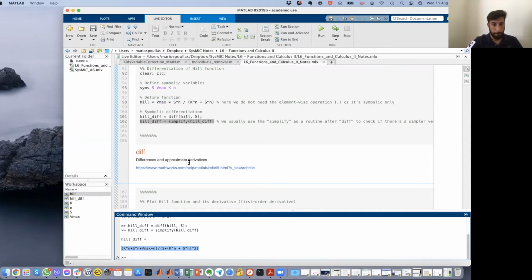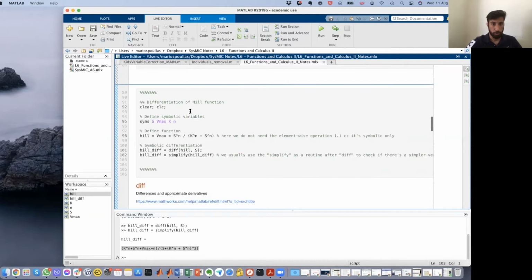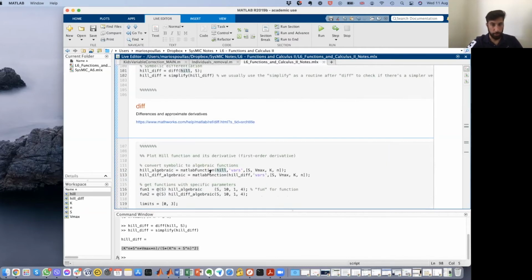And now we are ready to plot both the function in its original form, the hill equation, and also its first derivative, which is the one that we created here using the differentiation function and then simplified. So we've got the original form and we've got the first order derivative that we are gonna plot.